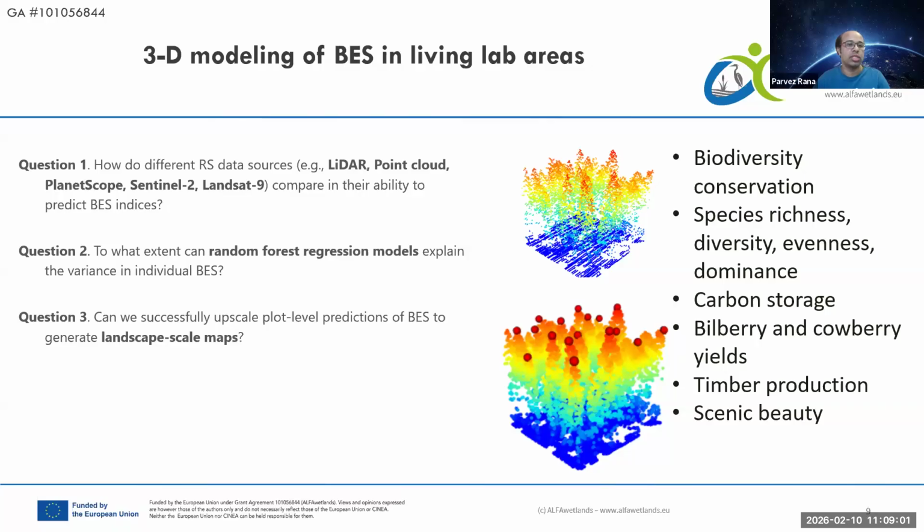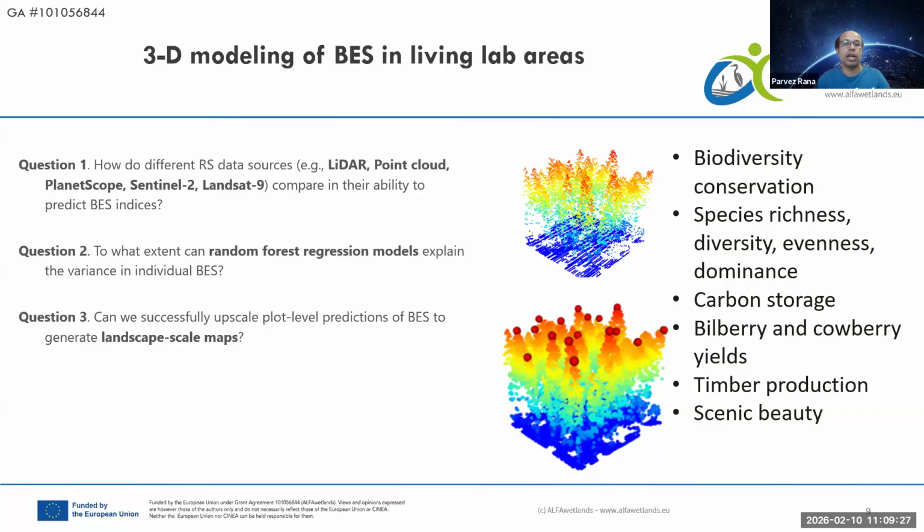So our research question is, can you see the difference in performance of different remote sensing data? And can we also use a simple random forest regression to identify which remote sensing features are important for us? And in the third research question, we also try to upscale our prediction to the wall-to-wall map level.